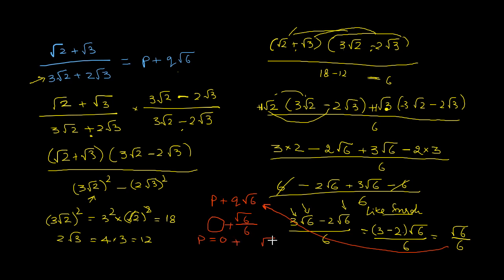Plus, I can take out root 6 because that's what is there, and whatever is left I need to put it here. That's 1 by 6. So if p is 0, q will be 1 by 6. Here they have asked for plus, q is 1 by 6. So that's our answer. P is 0, q is 1 by 6.